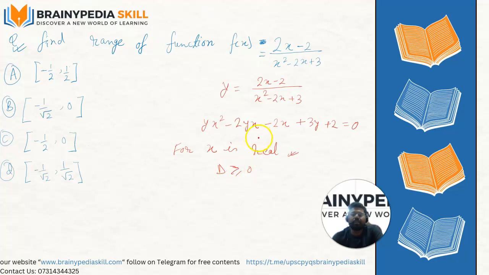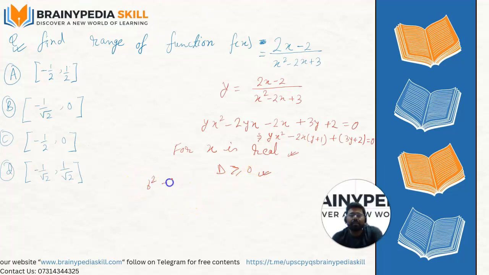Let's rearrange it: y times x square minus 2x times y plus 1, 2x is common, then plus 3y plus 2 equals 0. Clear?